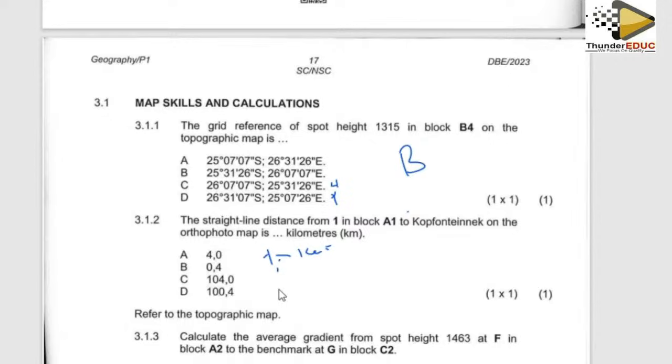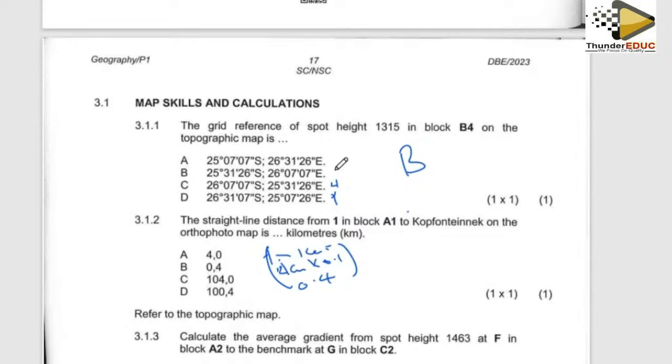If you measure it with centimeters, it gives you somewhere around 4 centimeters. So 4 centimeters times 0.1 gives you 0.4.